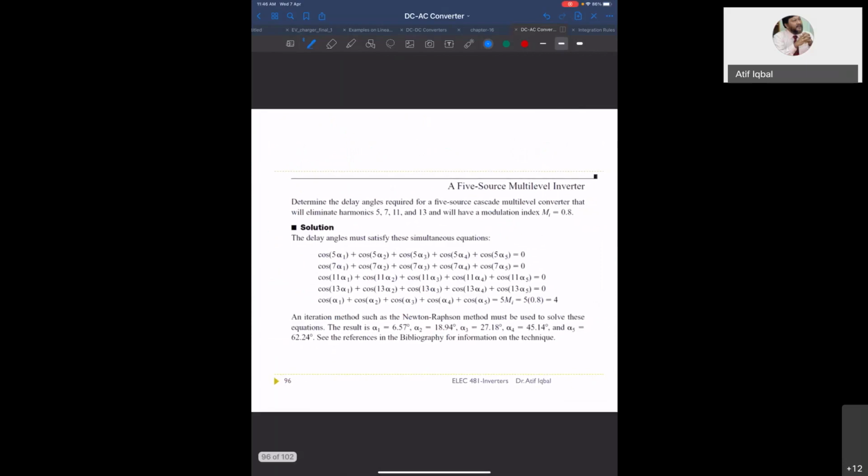Now here you see, if you have 5 sources, determine the delay angles required for the 5 source cascaded multilevel converter that will eliminate these harmonics. So this is a selective harmonic elimination problem. Here we have to eliminate 5, 7, 11 and 13, so the 5th, 7th, 11th and 13th should be 0.